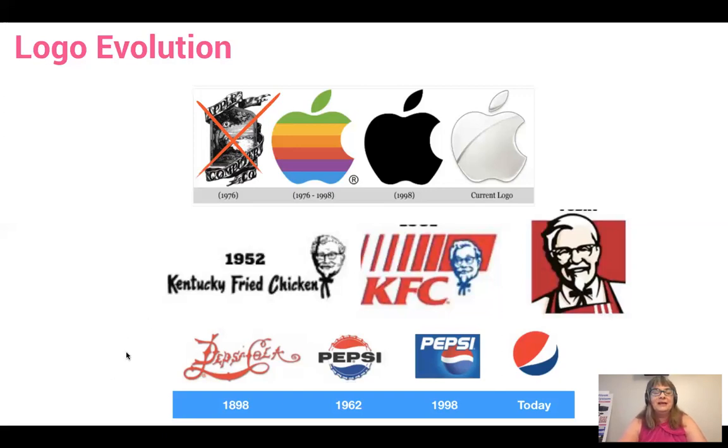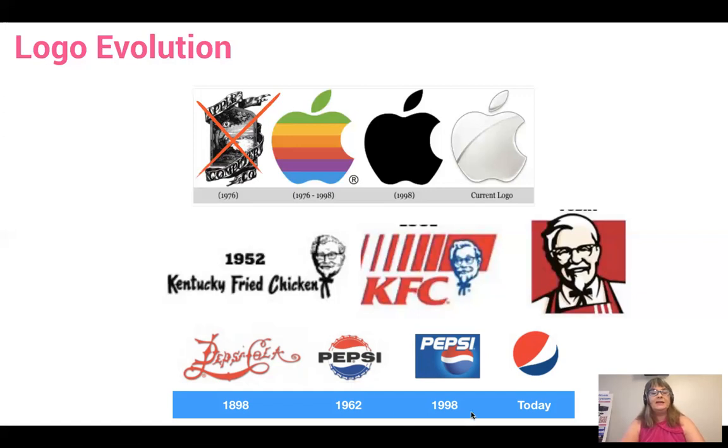We've got to think back to 1898, right? I can't imagine how difficult it may have been to embed all of this on something. And then they moved to the little bottle cap and the Pepsi. And then you'll notice now we've got the red, white, and blue. So they really start to heavily embed the colors of the United States into their logo.